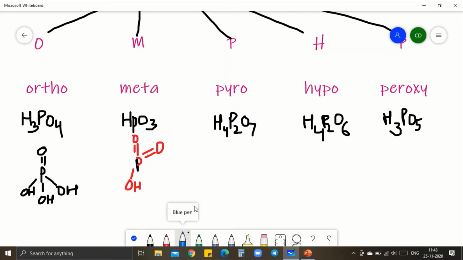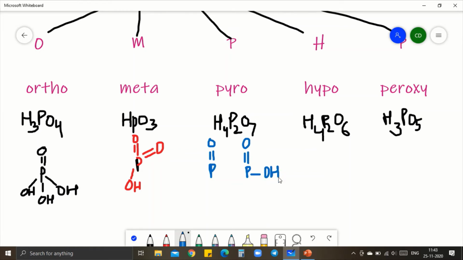Coming to pyro, here are 2 phosphorus atoms. So first one P double bond O, and for the second phosphorus, 1 P double bond O. So there are 4 hydrogens. All of them form OH groups.